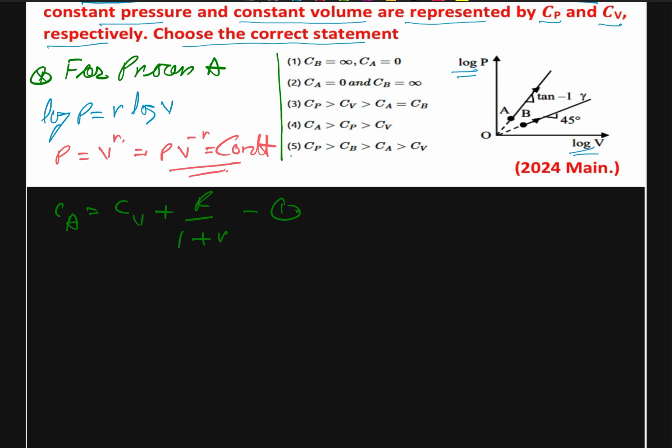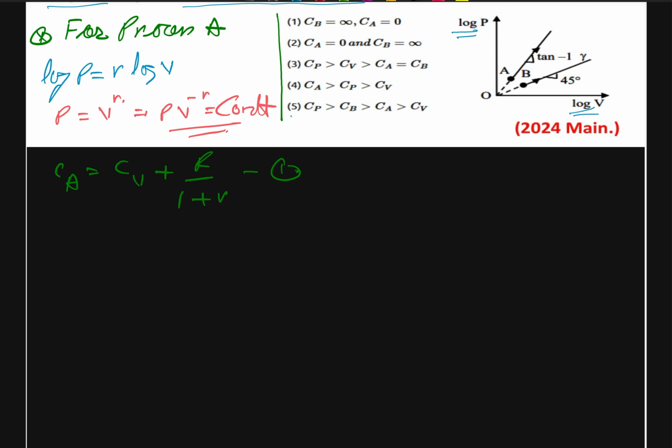Similarly, we can write the same equations for process B. For process B, we get P V raised to power minus 1 is equal to constant.